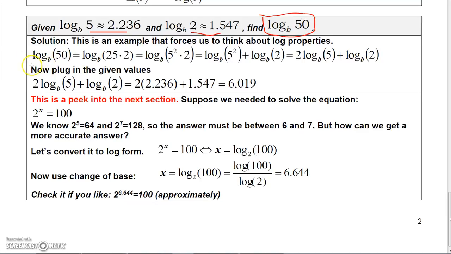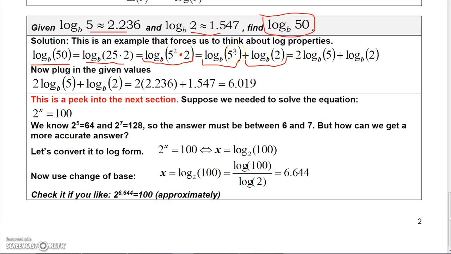Well, here's what I'm going to do. Log of 50 base b can be written as log of 25 times 2. But 25 can be written as 5 squared. So instead of log of 25 times 2, I can write that as log of 5 squared times 2. Then I can use log properties, because this is the log of a product, and I can write this as the log of the first factor plus the log of the second factor.